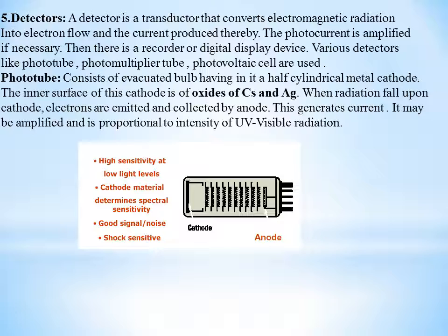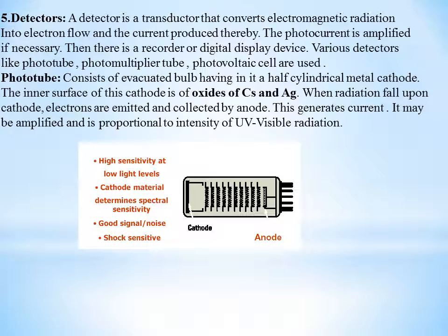Various detectors are used, that is phototube, photomultiplier tube, or photovoltaic cells. So what does this detector contain? It contains first of all the detector, then an amplifier, and then the recorder. First the detector converts electromagnetic radiation into current.